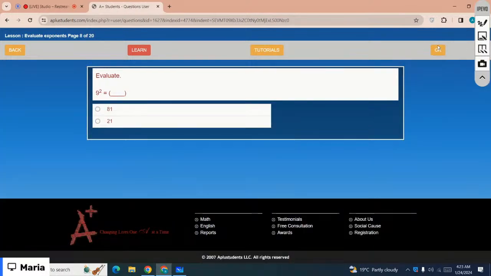The next one is evaluate 9 square. So you have to do, which is the correct option?